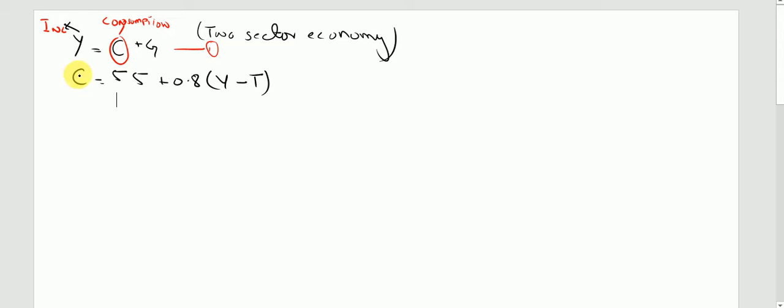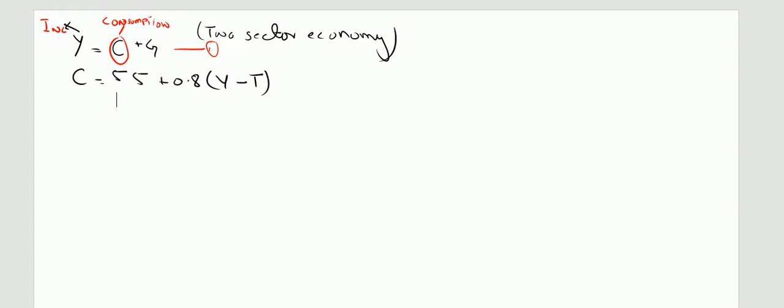Here C, as usual, shows the consumption component. And 55 is a number which shows autonomous consumption, the consumption which is not dependent upon income. If you have no income, still you are consuming something, and this 55 is the amount that you consume independent of your income.